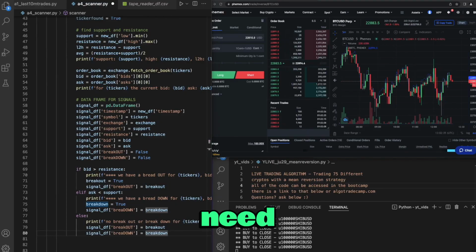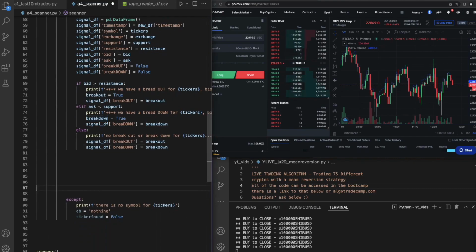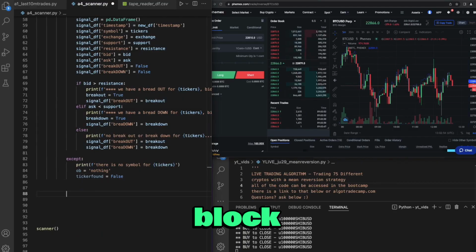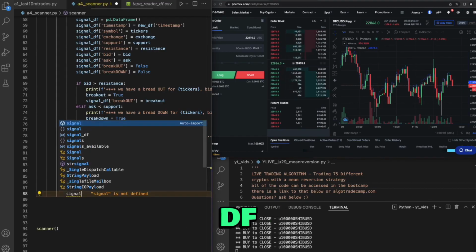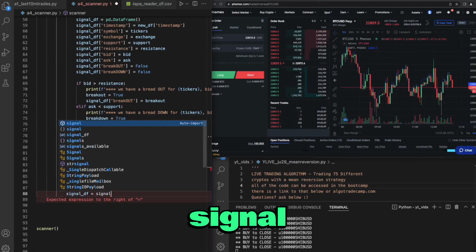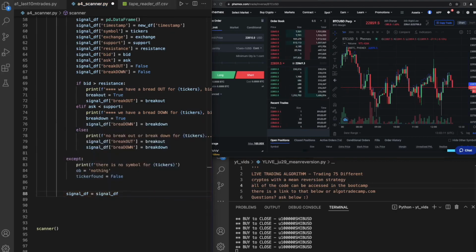Let's see, what else do we need? Oh, I need to get the signal from the last loop, or each loop. Okay, so what we'll do here is, after this except block, we want to say signal df equals signal df minus 1 on.